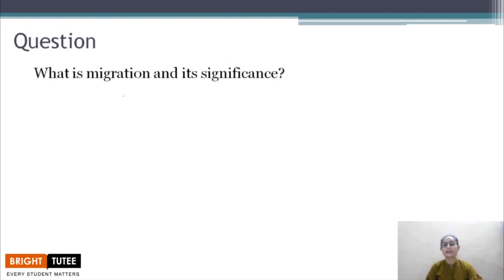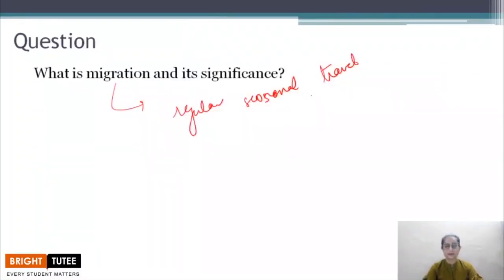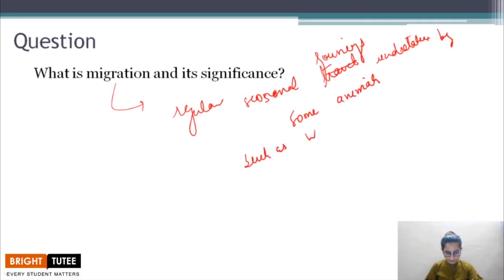What is migration and its significance? Migration is the regular seasonal travel, you can say. Let us look at the definition. Regular seasonal journeys undertaken by some animals such as whales, fishes, there are many examples, basically birds, turtles, right?